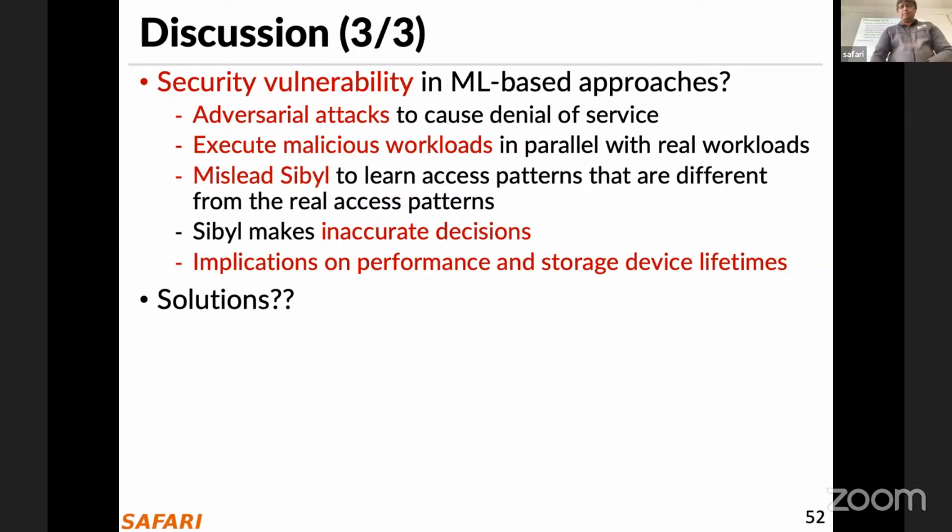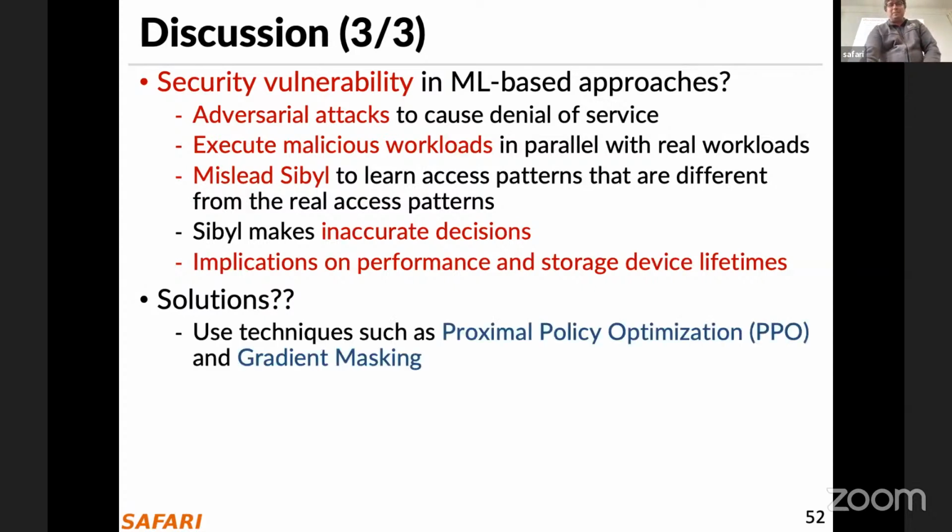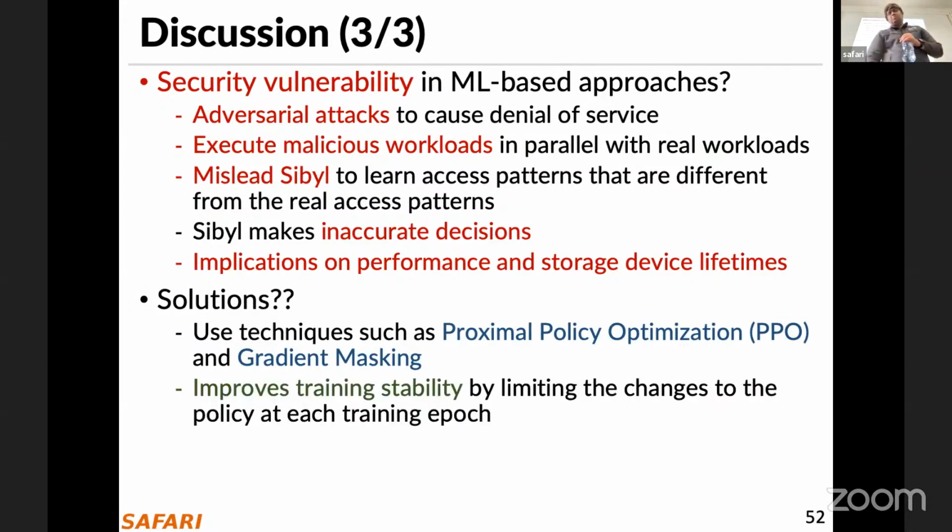Yeah, I mean, there are actually some techniques, and I think I need to wrap it up quickly, but there are some techniques like gradient masking and proximal policy optimization that look at basically improving the training stability and limiting the amount of changes that you make to the policy with each training epoch.